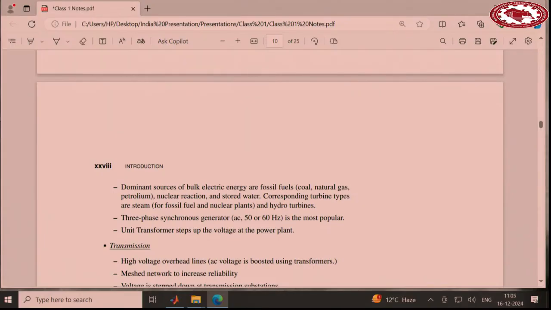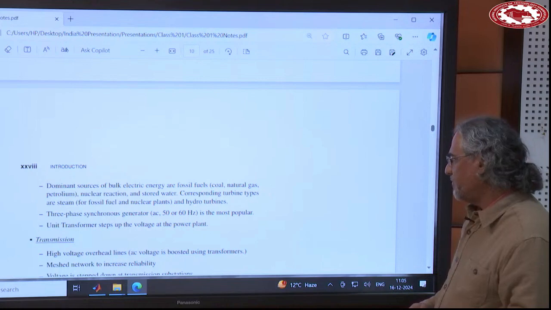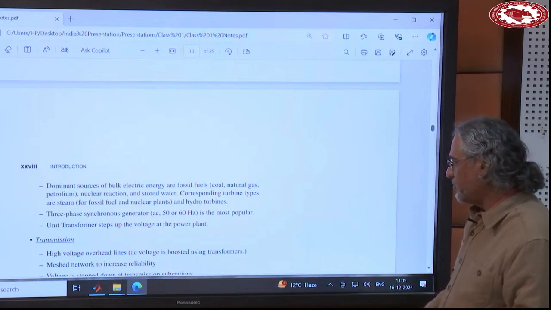So the common sources of energy are either fossil fuels, which include coal, natural gas, and petroleum, nuclear reaction, and stored water. And corresponding to this, we have fossil fuel power plants, nuclear power plants, and hydro turbines.